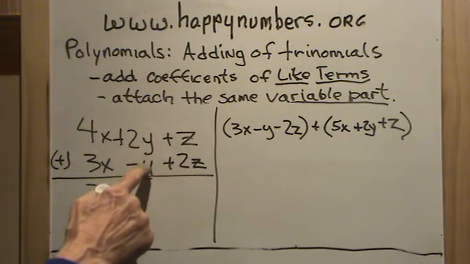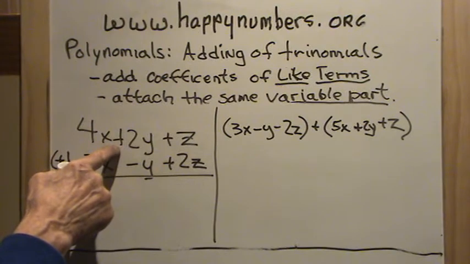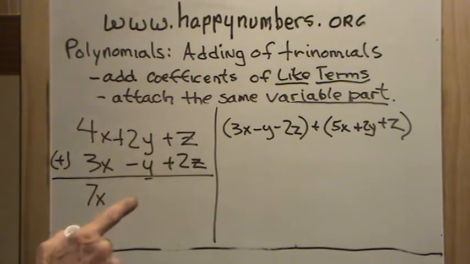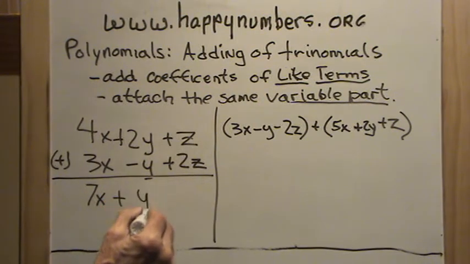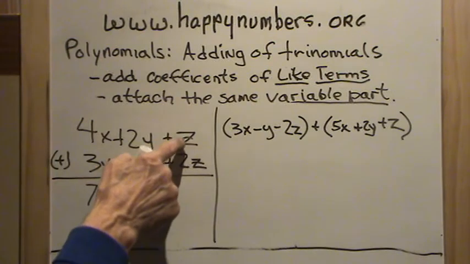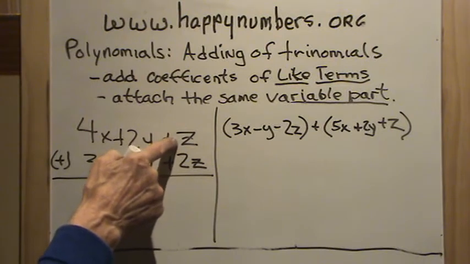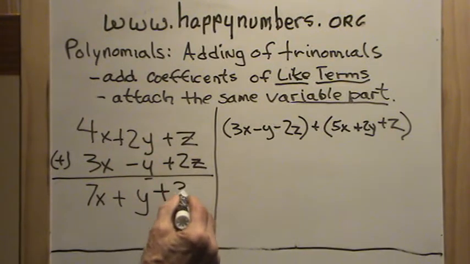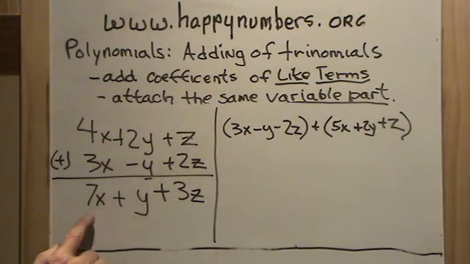Our variable parts here are the same, y, so we can combine the coefficients. +2y, -1y, you have to remember that, so that'll give me +1y, which I can just write as y. And then these two are the same variable parts, so this is 1z, 1 plus 2 is 3, and the variable part is z. So our answer is 7x plus 1y plus 3z.